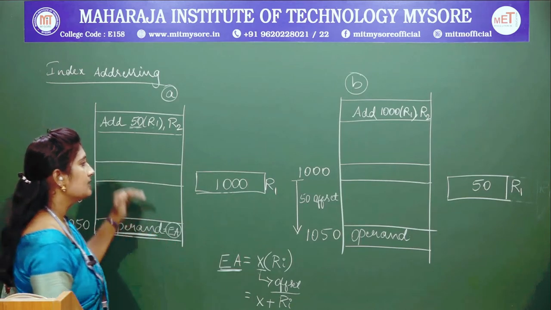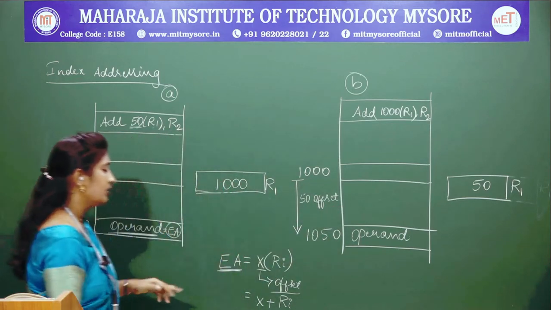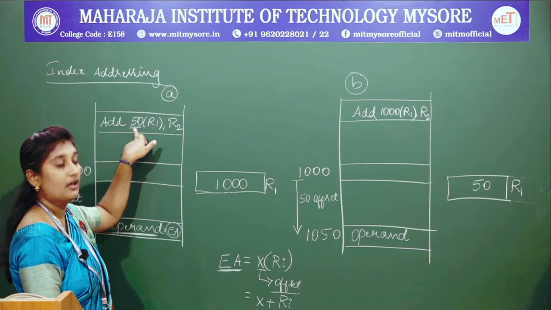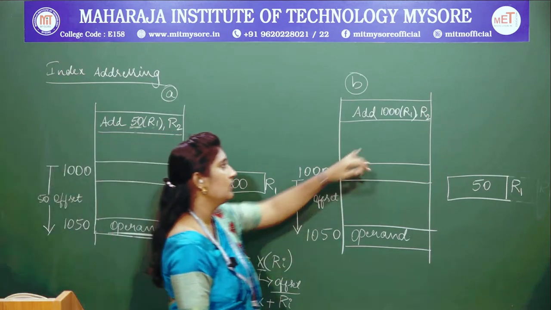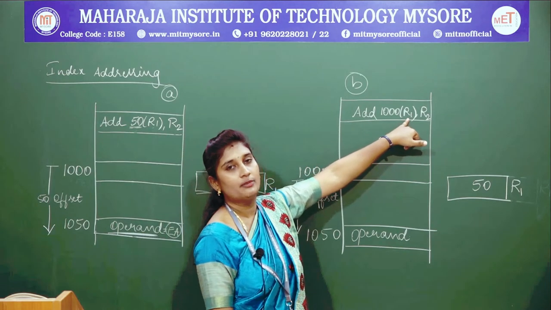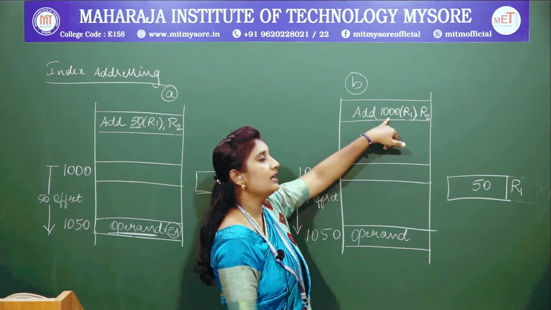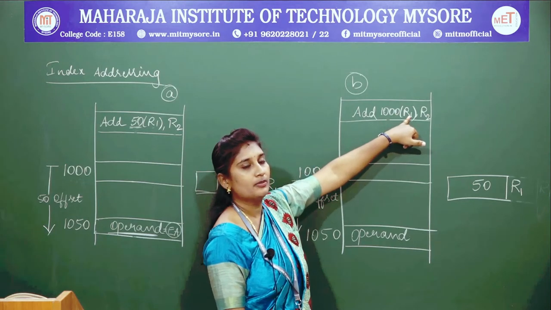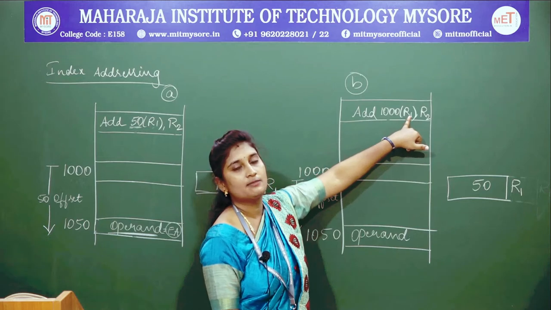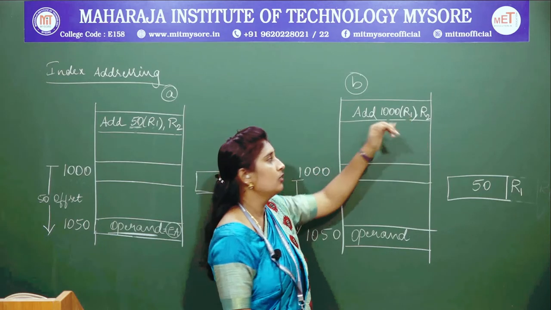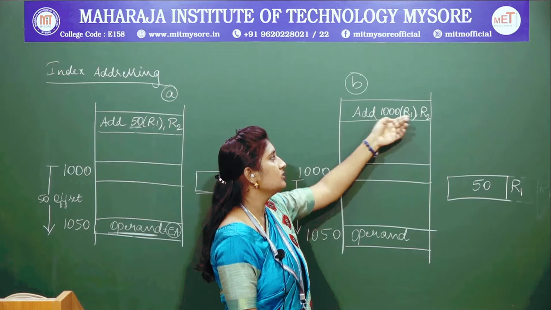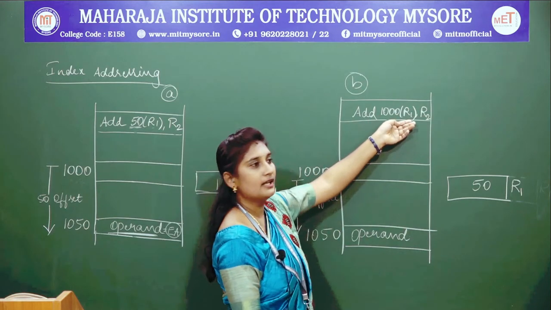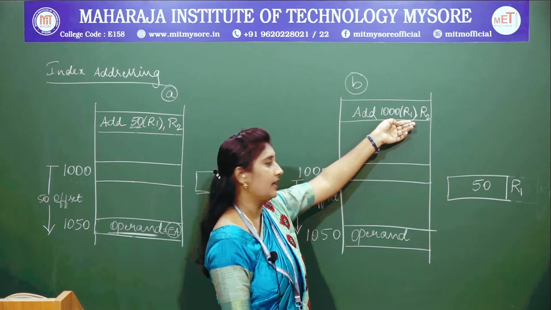Fine. In the first case, the constant value, the x value, was given in the instruction itself. Sometimes this x value will be present in the general purpose register. Here I have directly given the memory location in the instruction, and in the general purpose register the offset or displacement value is present. So again the instruction is add 1000(R1), R2. I go and check my general purpose register content.